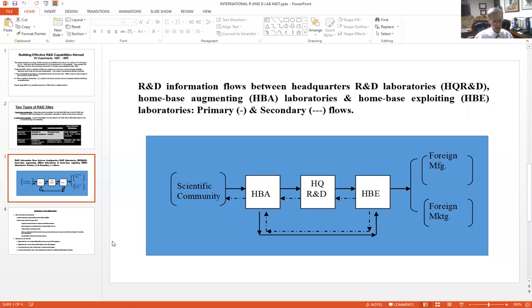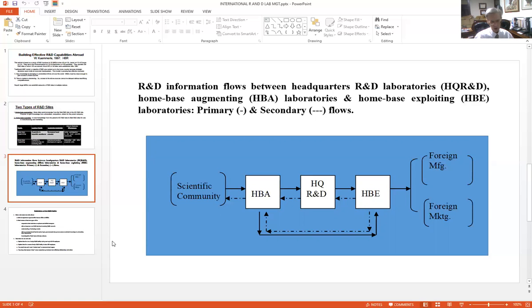And the home-based augmenting laboratory has to reciprocate. So there's a community relationship here. It's not that there's just one arrow flowing from the scientific community to the laboratory, but the laboratory has to give back. It has to participate in the community.